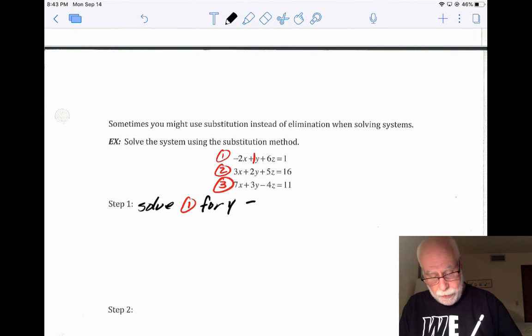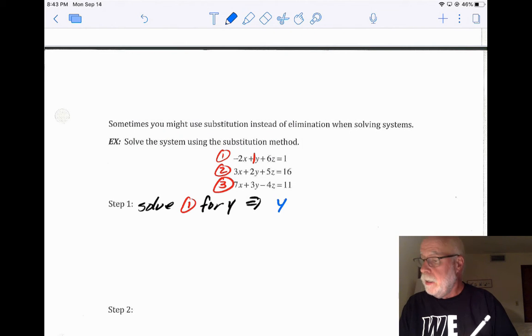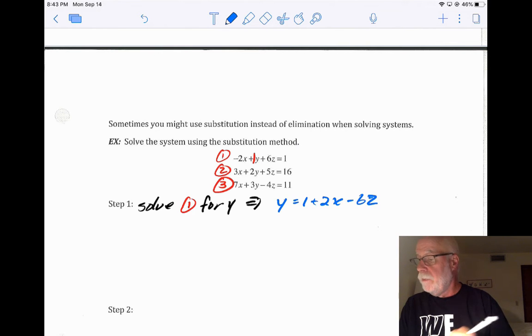If I do that, that'll give me y is equal to, again, I'm moving everything over. The 1's already over there. So when I move the 2x over, it's going to become positive, and when I move the 6z over, it's going to become negative.